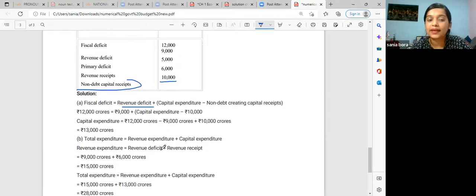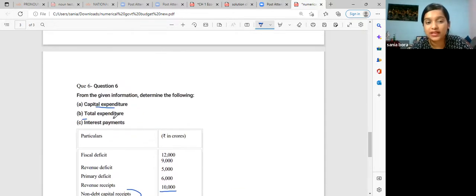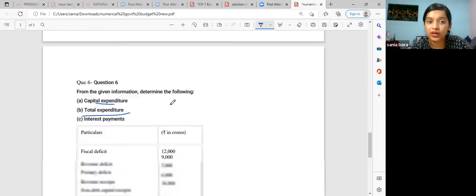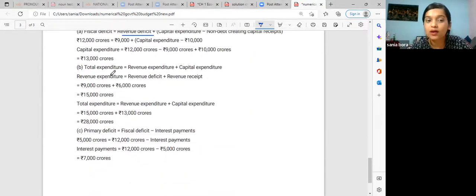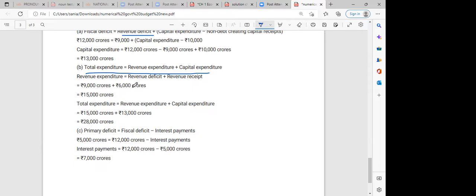Okay, and next you have to find total expenditure. Again, you have to use the same formula: revenue expenditure is total expenditure minus capital expenditure. The formula you have written over here, you have to merge it, and then you'll get the answer. Clear? Yes, ma'am.